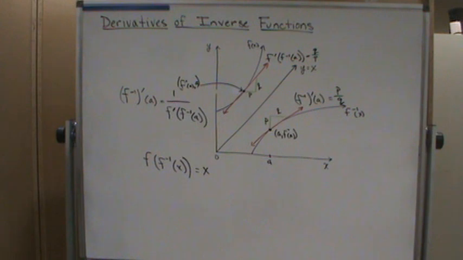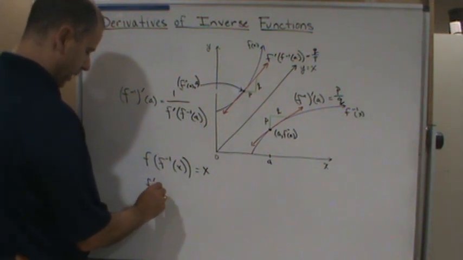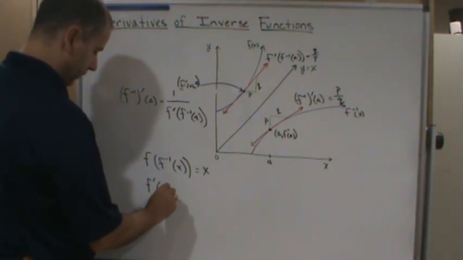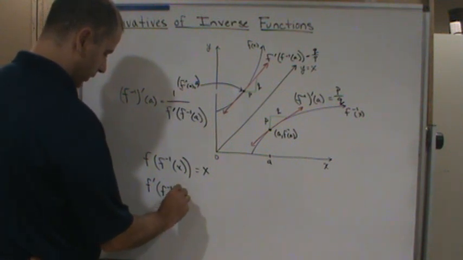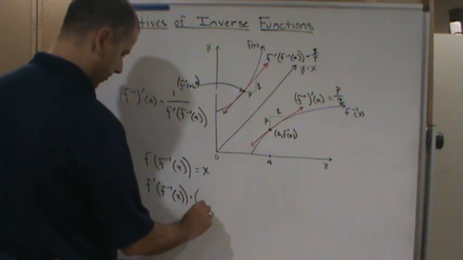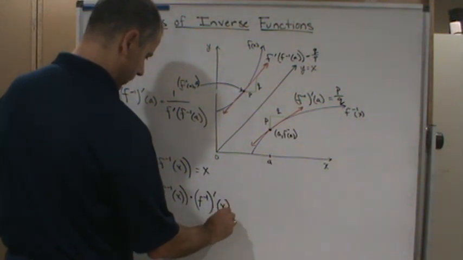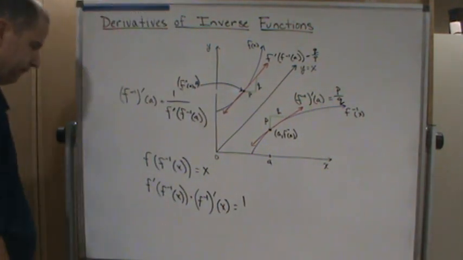Okay, now if we want to take the derivative of this, we have to use the chain rule. So if we take the derivative of this with respect to x, we get f prime of f inverse of x times f inverse prime of x equals 1.